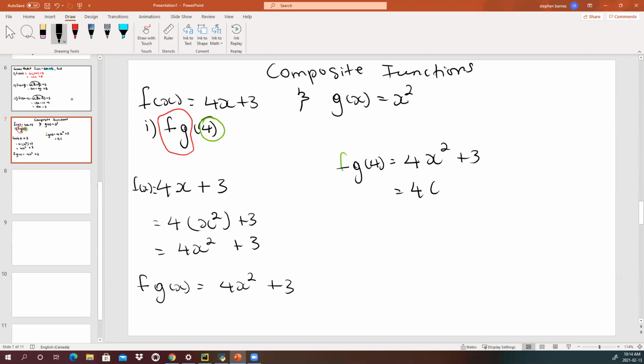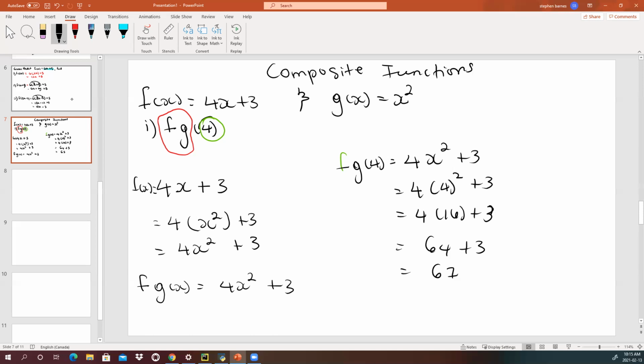So 4 times 4 squared plus 3 equals 4 times 16 plus 3. 4 times 16 gives you what? 64. Great. 64 plus 3 gives you 67.